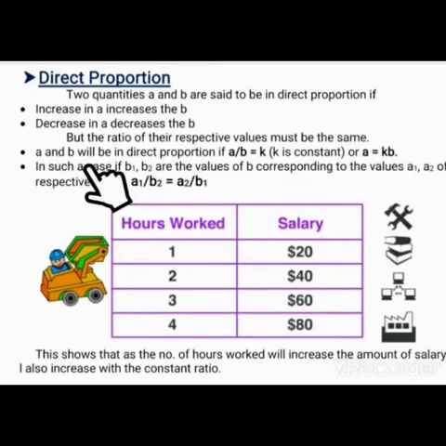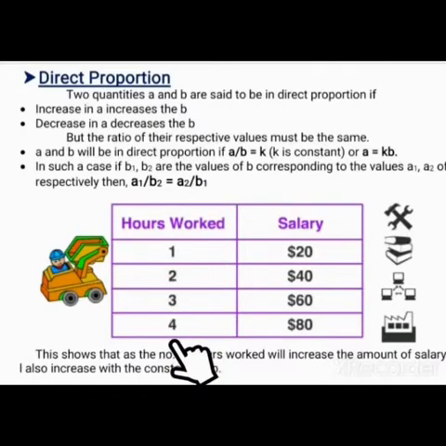A and B will be in direct proportion if A by B equals K, where K is a constant, or we write A equals KB. In such a case, if B1, B2 are the values of B corresponding to the values A1, A2 respectively, then A1 upon B1 equals A2 upon B2.